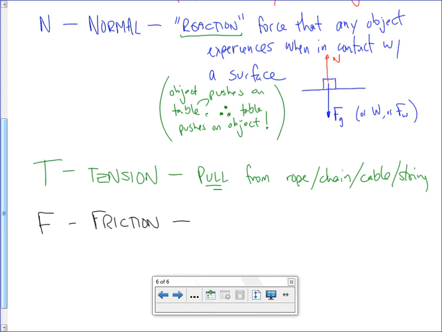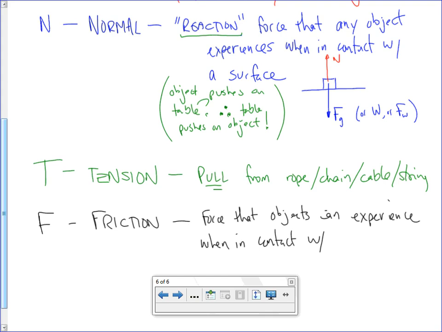Friction is a force that objects can experience when in contact with surfaces. But it's not the same thing as a normal, all right?